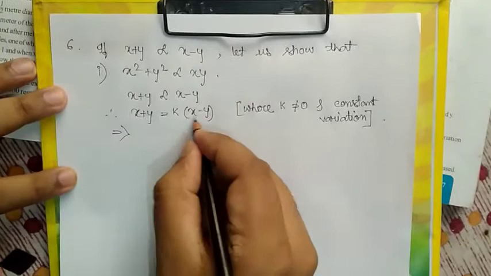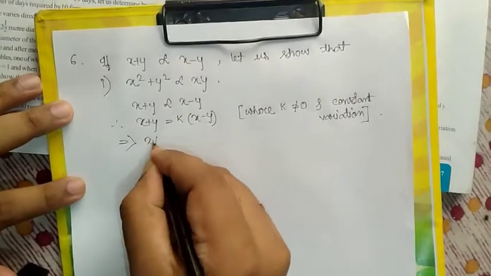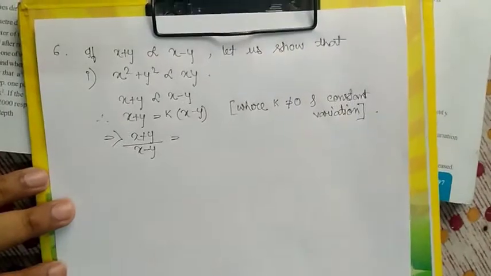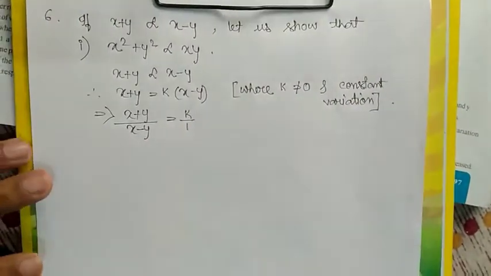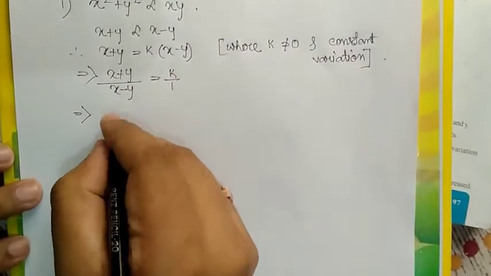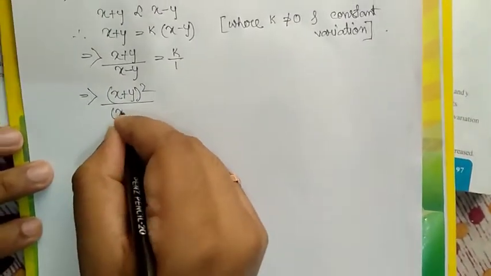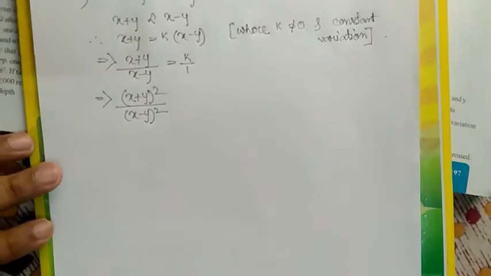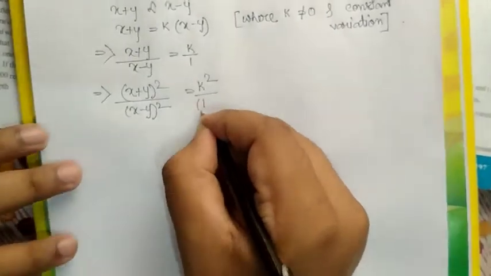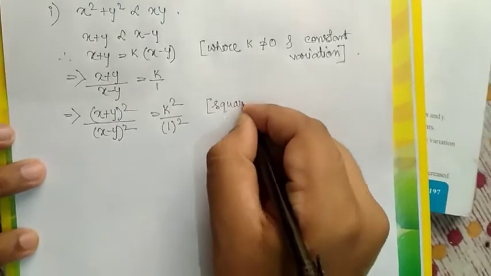Now from here x minus y on the right hand side, if we put it in the left hand side, therefore we can write x plus y by x minus y equal to k by 1. Now after that, squaring both sides, x plus y whole square by x minus y whole square equal to k square by 1.